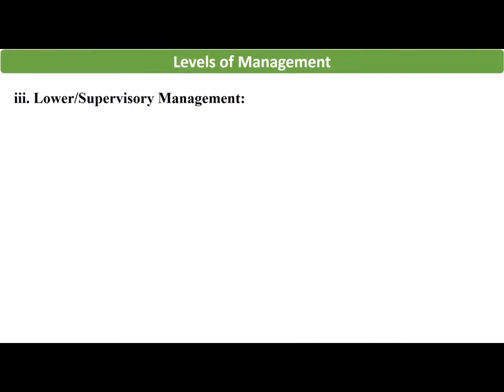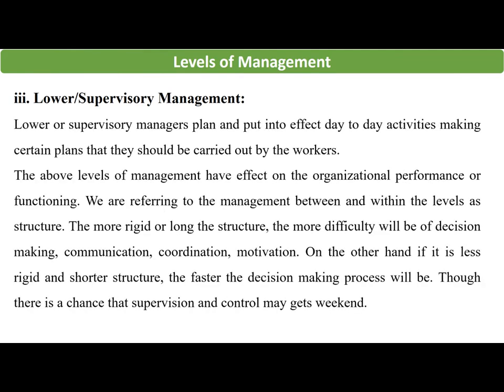In the third level, that is lower or supervisory management, managers plan and put into effect day-to-day activities, making certain that plans are carried out by the workers. This level of management has effects on organizational performance or functioning. We refer to the management between and within the levels as structure.